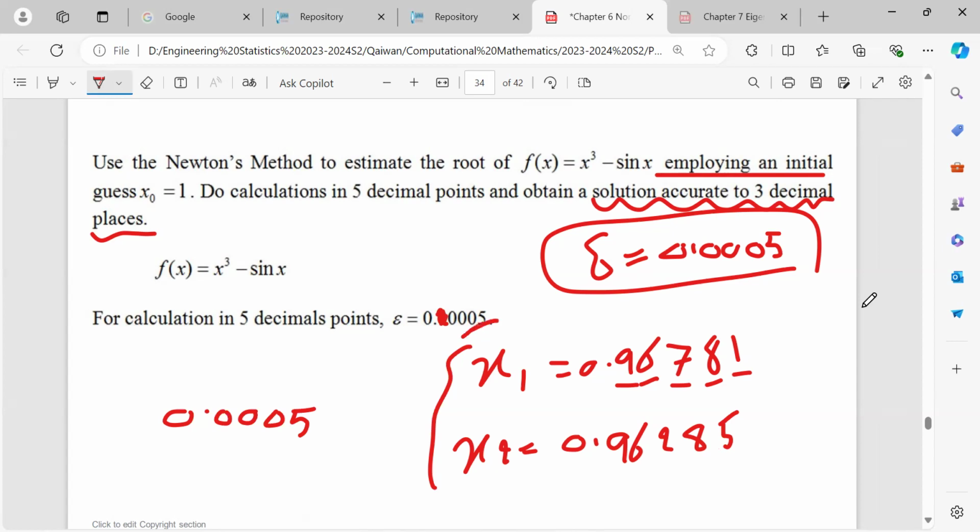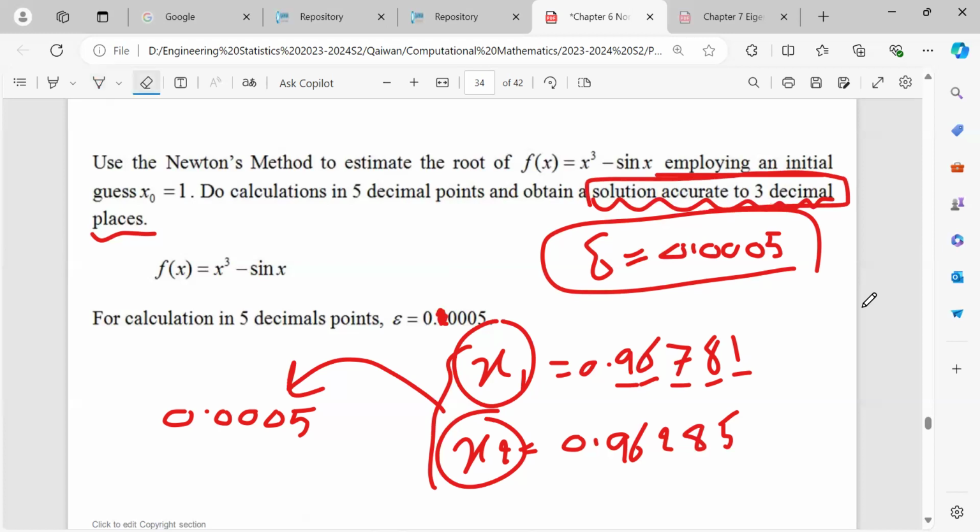Once you get that x1 minus x2 or x2 minus x1 in absolute value is less than this, we stop. Or if f of the last x is less than the error, we stop. The error is this one. That's it. The error is 3 decimal points. It says 3 decimal points. That is the error.